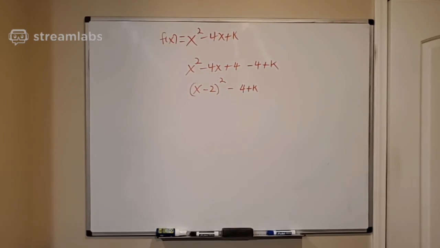So B, state the range of f in terms of k. So very easily here, what kind of function do we have? Okay, what kind of function do we have, people? A parabola. Oh my god, how'd you know that?